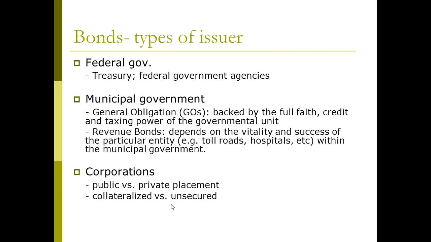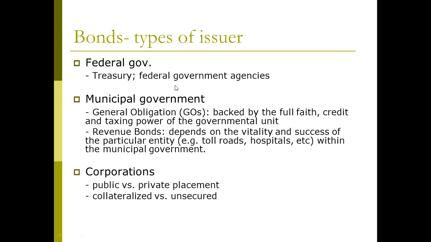Okay, so now let's talk about the types of bonds. Broadly speaking, we have 3 types of bonds. They are different because they have different issuers. The first type of bond is called a government bond or federal government bond. They are called treasury bonds.